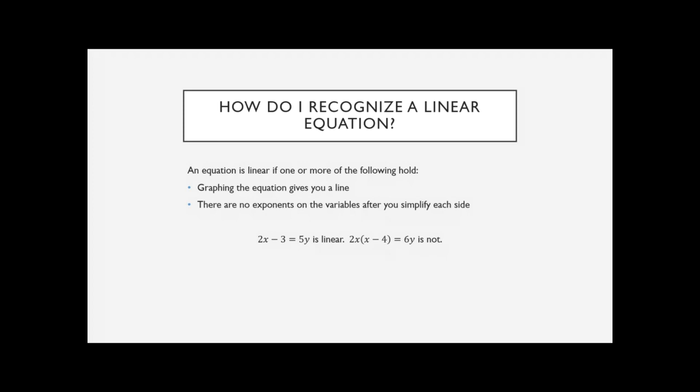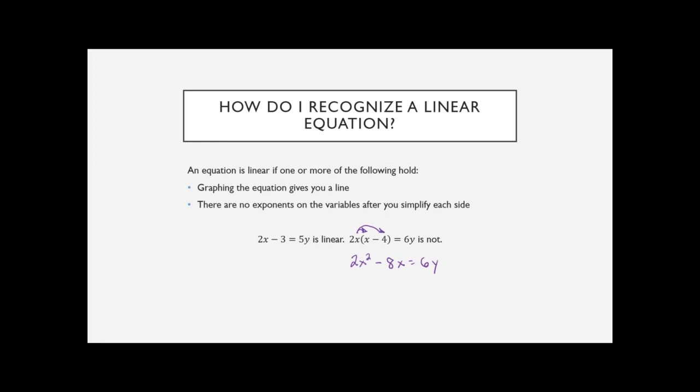But when you multiply it out, and that's what we mean when you simplify each side, which means you need to multiply it out, we got 2x times x, which is x squared. And then 2x times negative 4 is negative 8x equals 6y. So when you start simplifying, we now have an x with an exponent of 2, which means it's no longer linear.